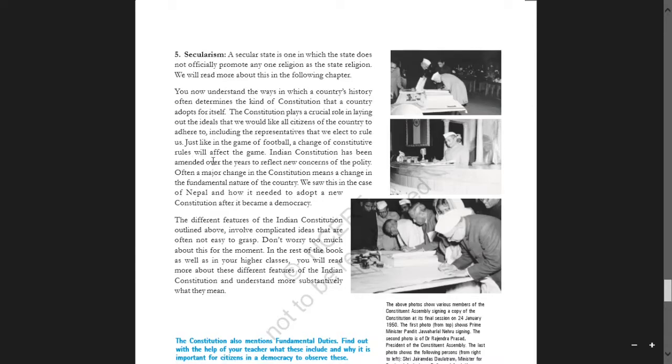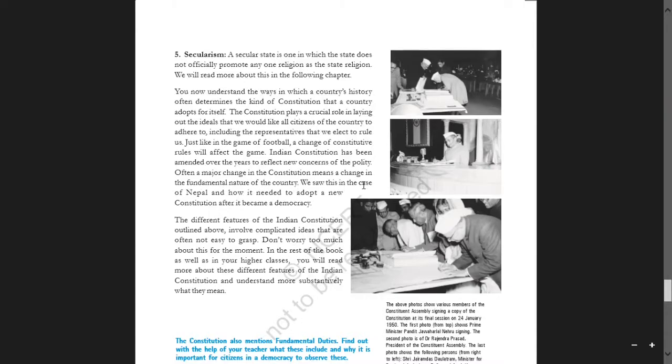Often a major change in the Constitution means a change in the fundamental nature of the country.